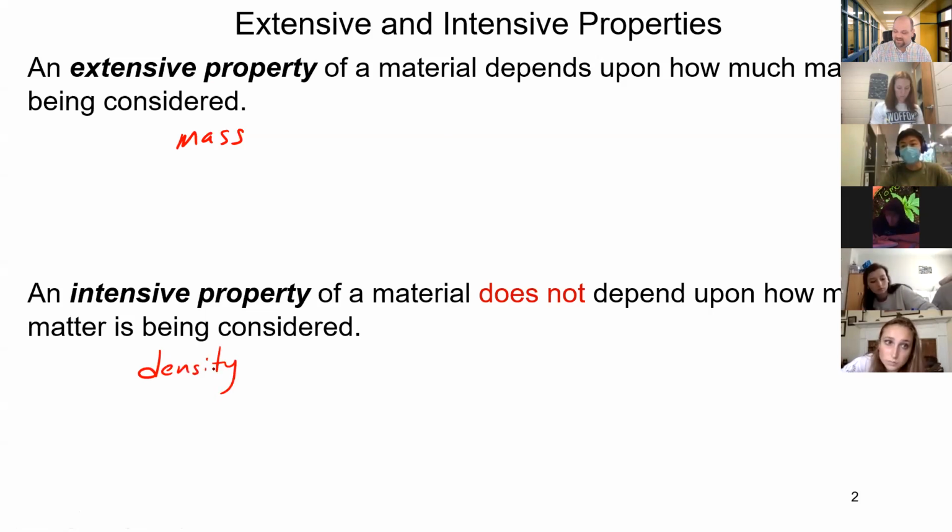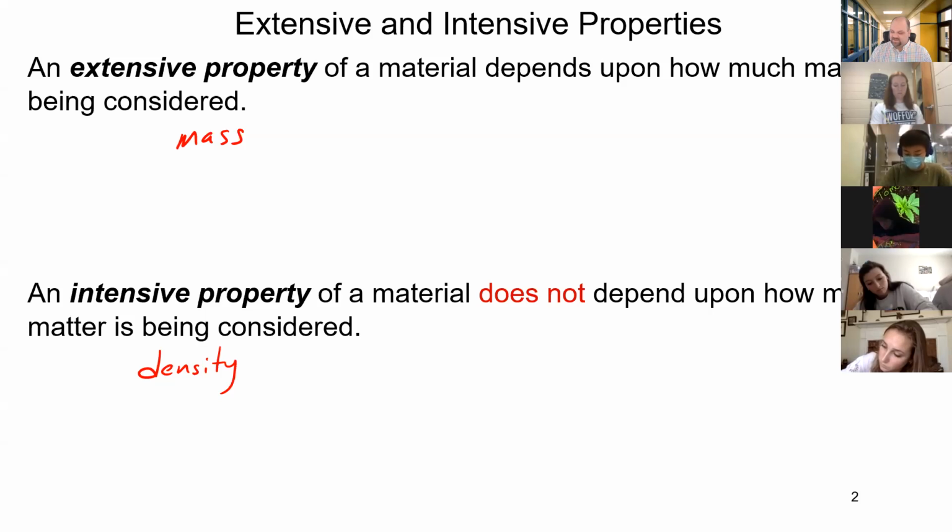Because the density of aluminum, for example, is the same if I have a sheet of tin foil or if I have a part of a car body that's cast out of aluminum, the density of that aluminum is exactly the same. So density is an intensive property. It doesn't depend on how much we have. It depends on only what that material, what that substance is.